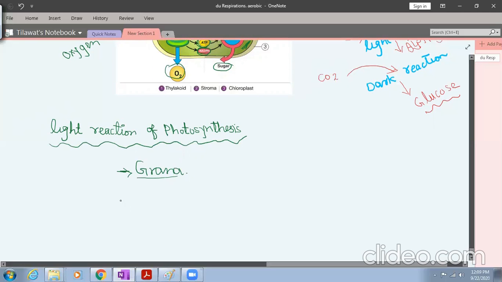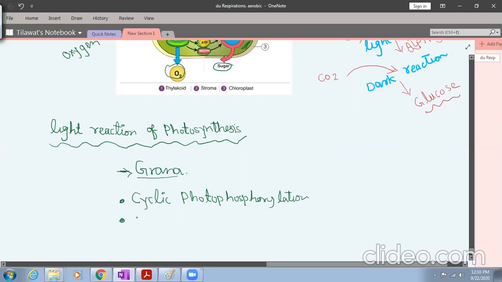One, which usually happens, is cyclic photophosphorylation.